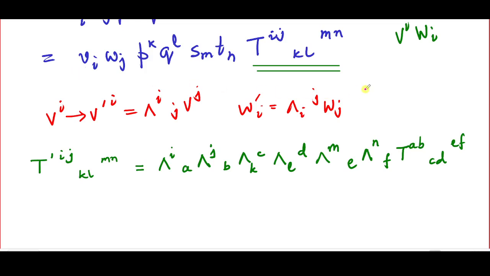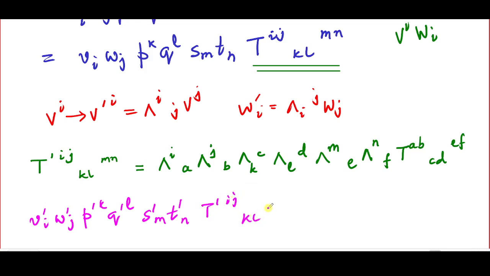If you were to transform coordinates, what would happen to this expression? It will become V prime I, W prime J, P prime K, Q prime L, S prime M, T prime N, T prime I, J, K, M, N.